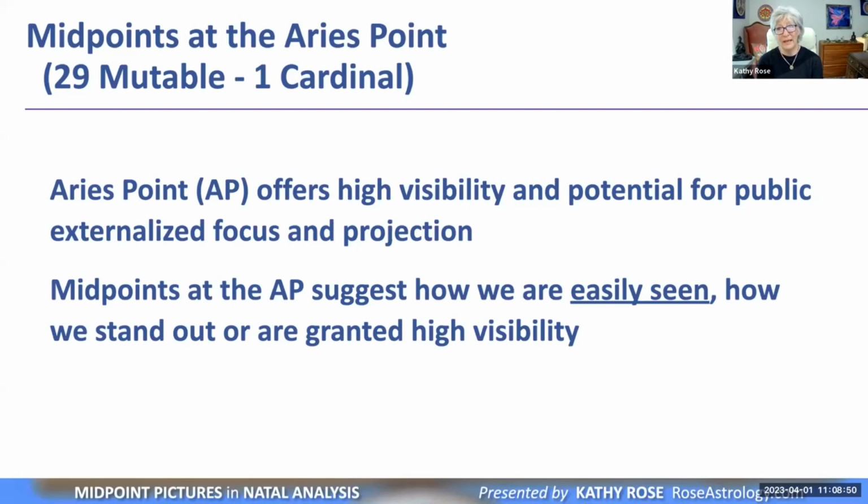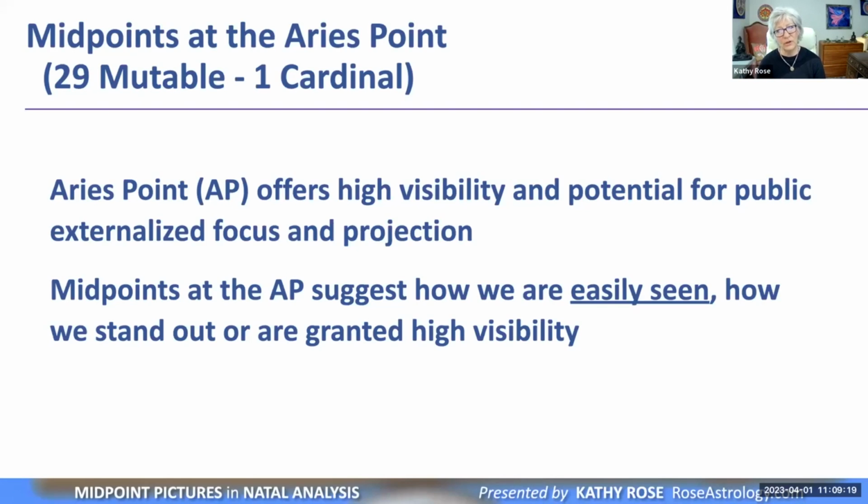So even though I can't go into super depth about how potent the Aries point is, let me just say this. The part of the zodiac that starts at 29 mutable and goes through 1 cardinal is a very special point. The peak part of the Aries point is 0 cardinal, the beginning of any season. So we're talking about any one of the cardinal signs: 0 Aries, Cancer, Libra, Capricorn.